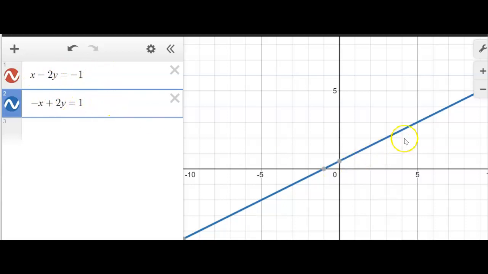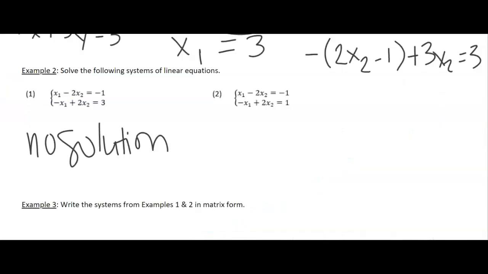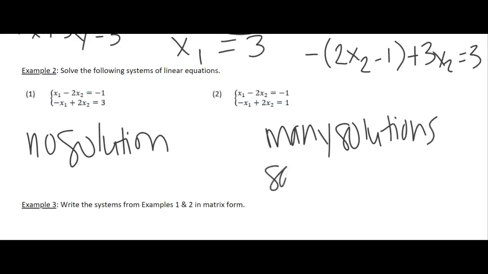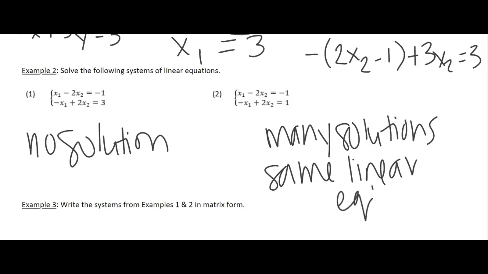So there's infinitely many solutions because there's infinitely many points that these two lines would share with each other because they're the same line. So we can say they're the same linear equation, where here these were parallel lines.